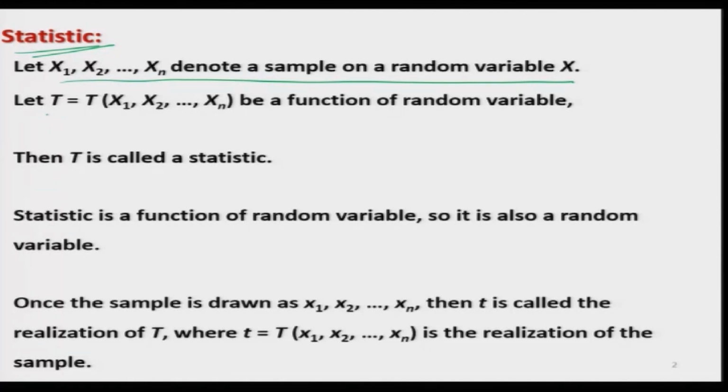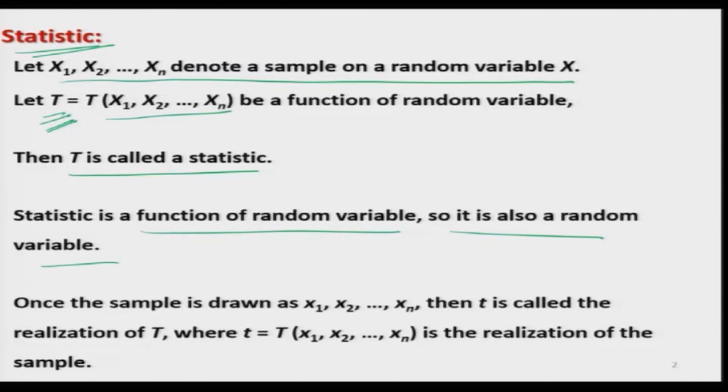Suppose T is a function of X1, X2, ..., Xn, then T is called a statistic. You can see that this T, the statistic, is also a function of random variables, so it is also a random variable.